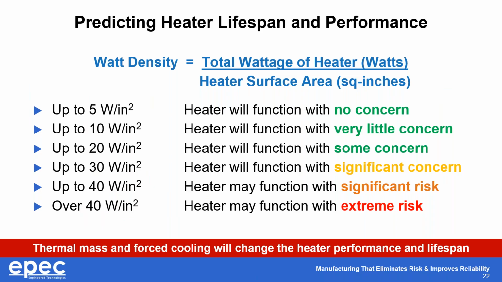If you attach a temp sense device like a thermocouple or a thermistor to the surface of the heater and watch the temperature rise over time, you'll see that the heater with the forced cooling will never achieve the same max temperature, and it'll probably take a lot longer to get there. The reason, the air is convecting heat away from the heater, allowing it to operate in a different manner when there's no thermal mass or forced air cooling.